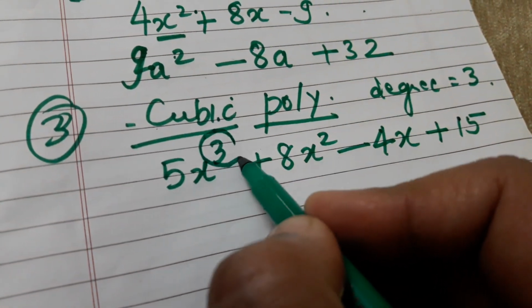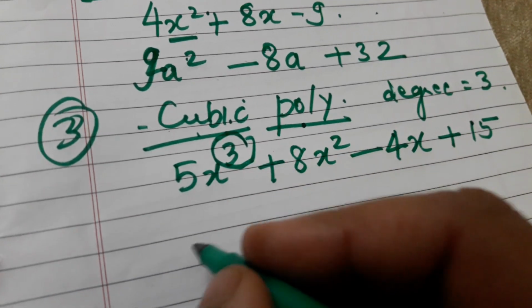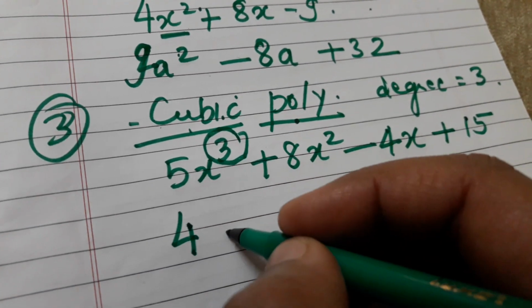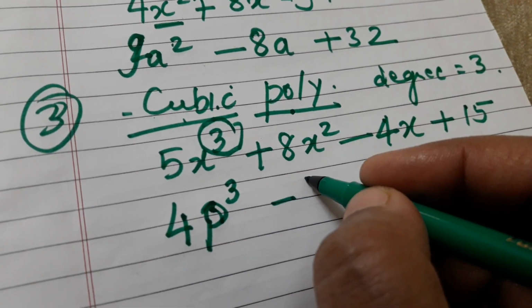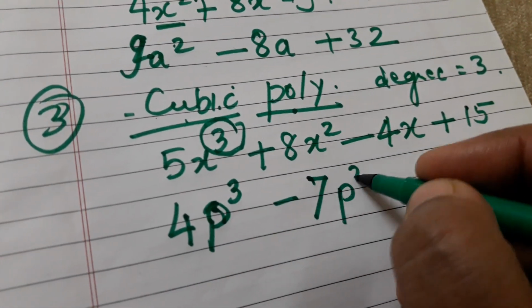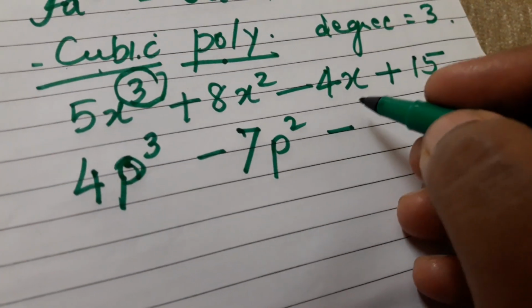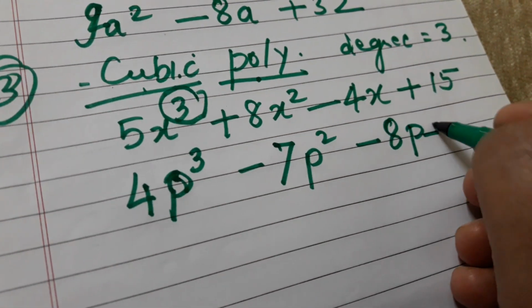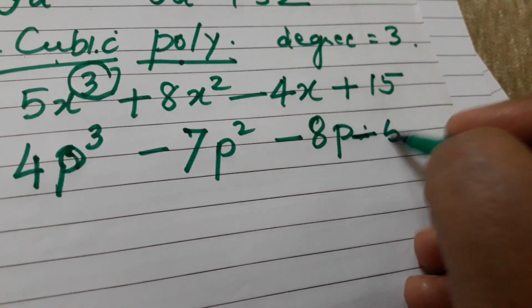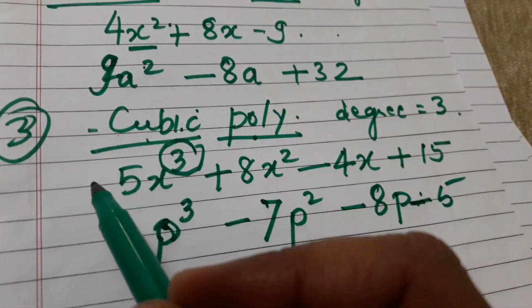Here the degree is 3, hence it is a cubic polynomial. One more we can write: 4p raised to the power of 3 minus 7p square minus 8p minus 5. So we can write as many examples as we want.